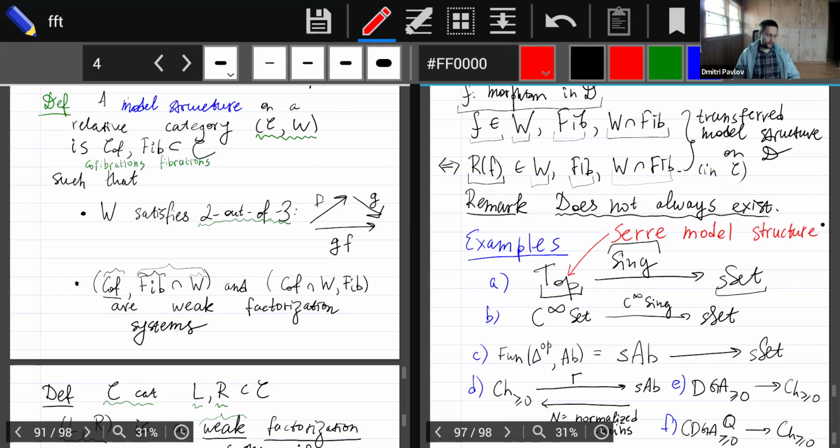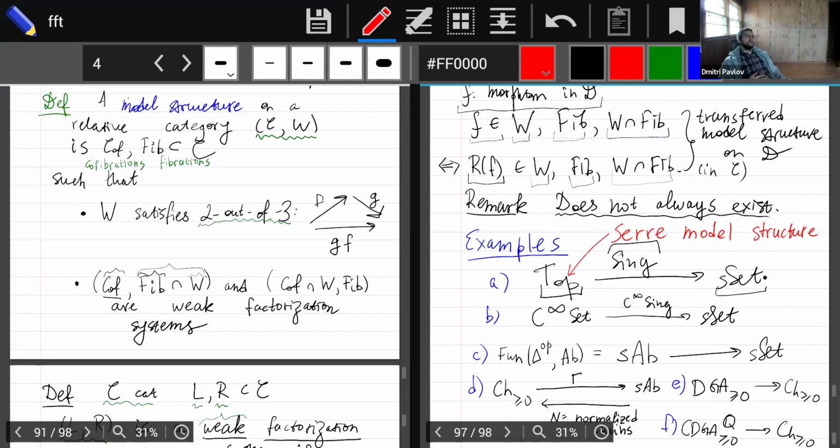You may have heard that in algebraic topology, people sometimes talk about Serre fibrations. Well, a Serre fibration is precisely a fibration in this model structure. It is precisely a continuous map whose image under the singular simplicial set functor is a fibration. And cofibrations in the Serre model structure are very closely related to CW complexes.